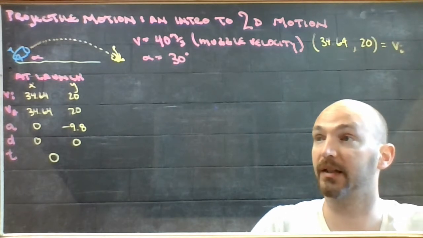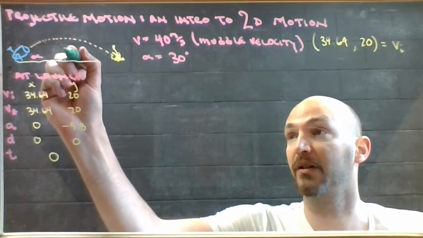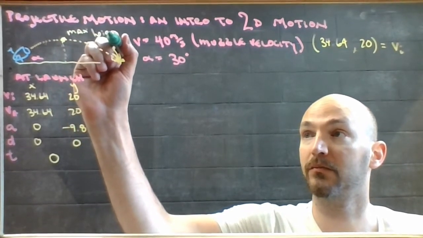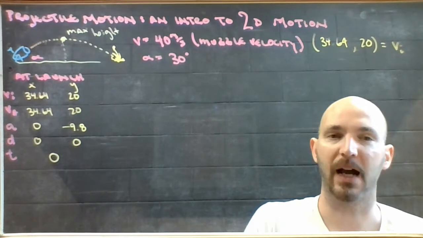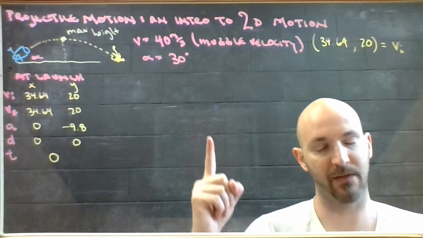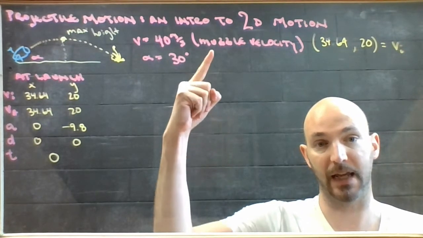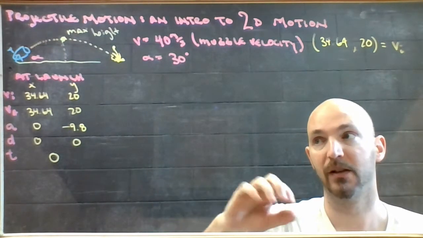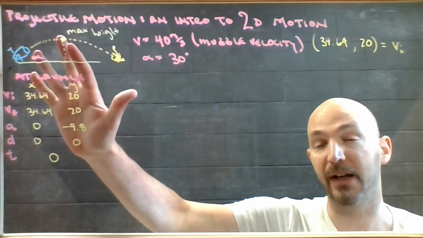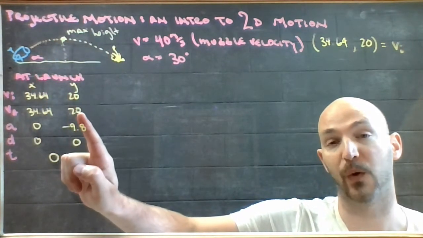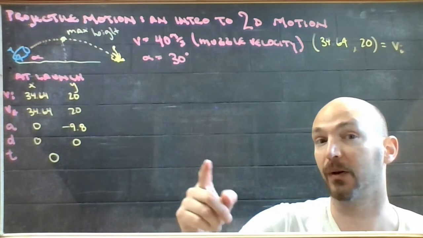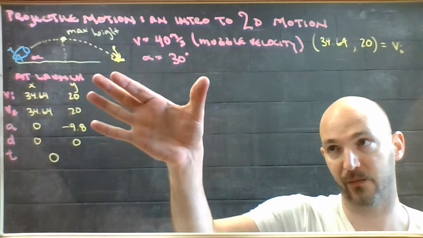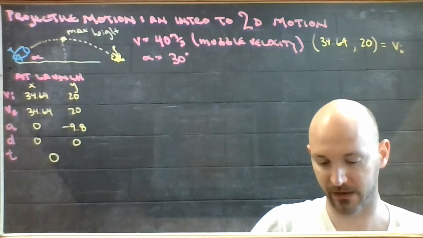The first one is at this place where we'll call it the max height. At that place, the cannonball was traveling upwards until that spot. It came to a stop, and then it started to go back down again. So you've got a final speed in the vertical direction of 0. So I'm going to create another set of columns here for the max height and see what we can fill in.